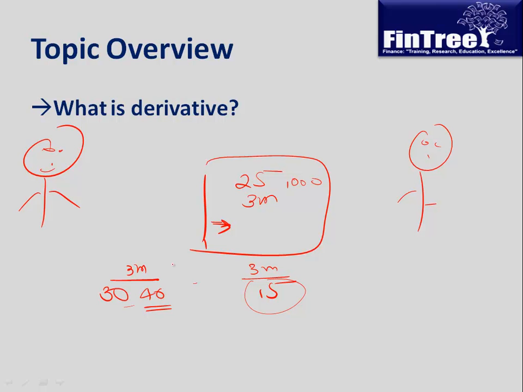So now let's think from the farmer's perspective. Now the farmer entered into a contract because what he knew is that if the price of potatoes in the market is less than 25, then at least he will get to sell these potatoes at 25. Of course, if the price in the market is 30 and 40, then the farmer stands to lose, because without the contract he would have sold at 40, but with the contract he's able to sell only at 25.